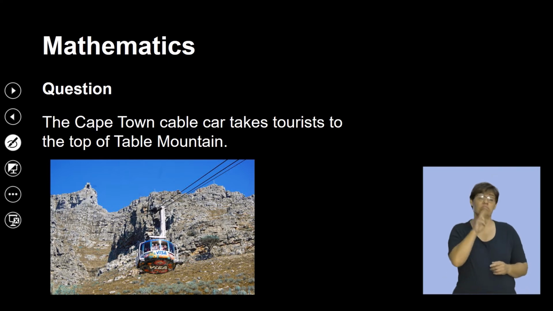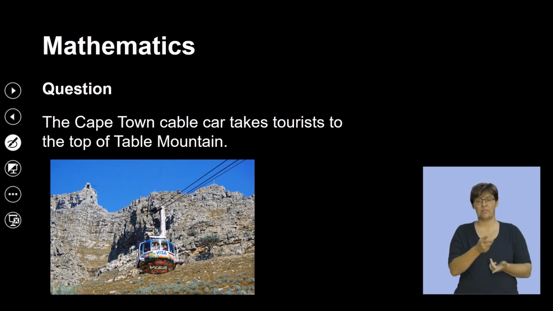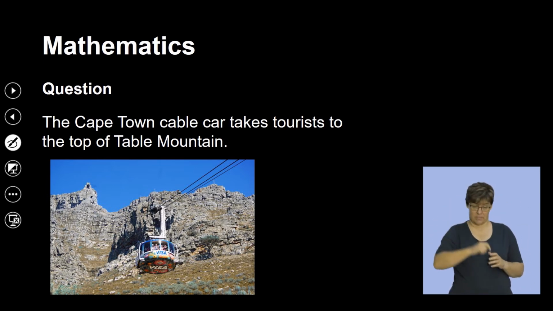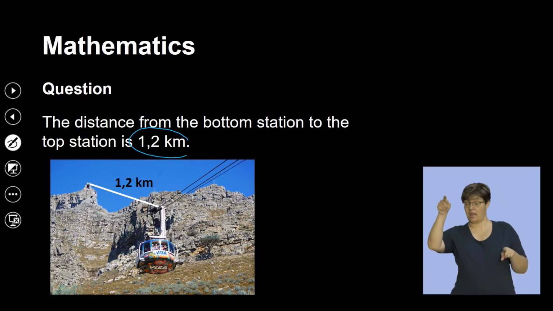So the question that we need to look at here is the Cape Town Table Mountain cable car, which takes tourists to the top of Table Mountain, right? What we want to know is that the distance from the bottom station to the top station is 1.2 kilometers.